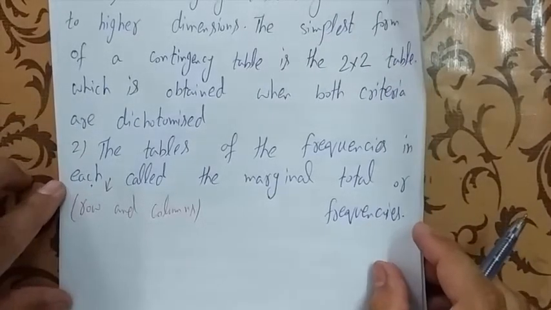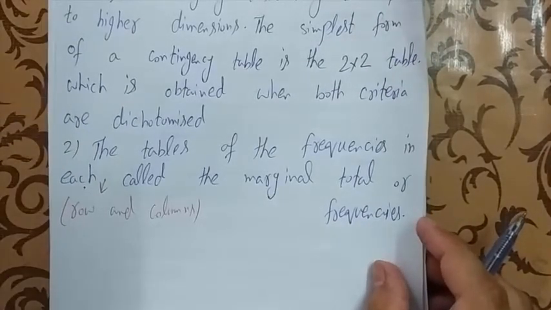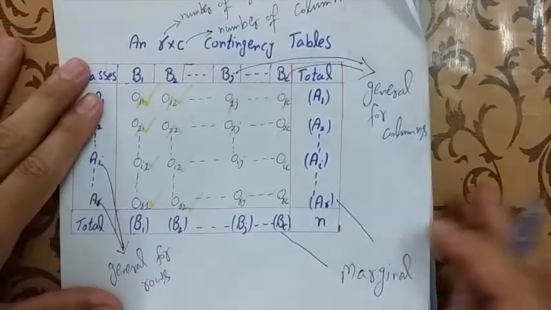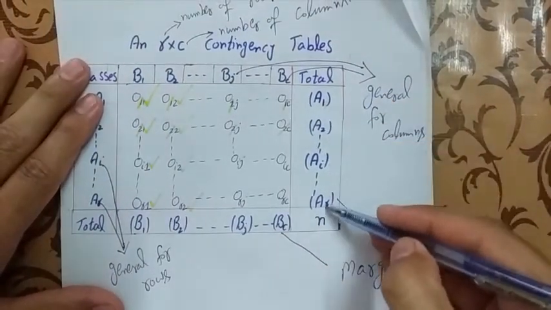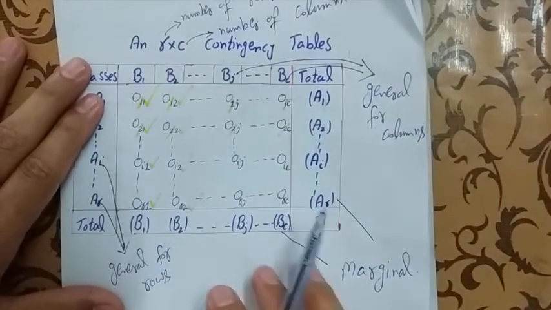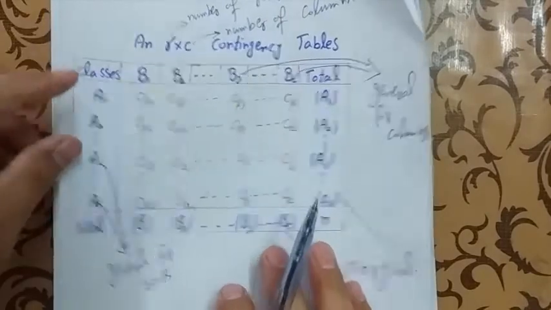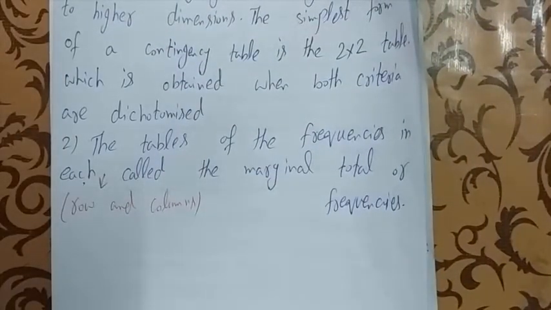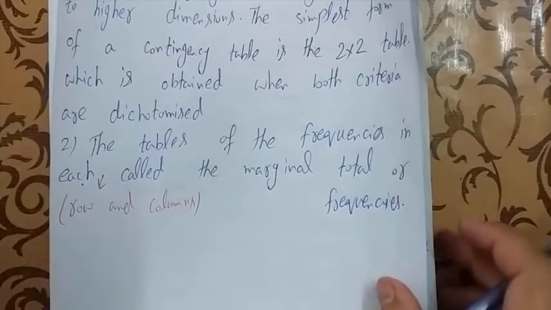Dear students, I explained already that when we add this column and this row, it shows the marginal total.